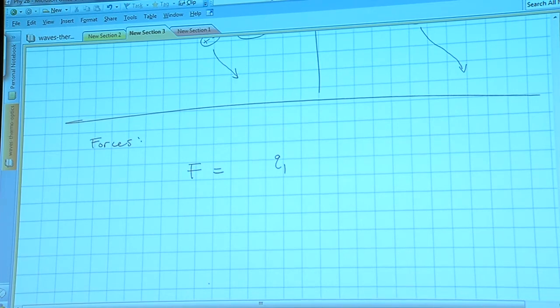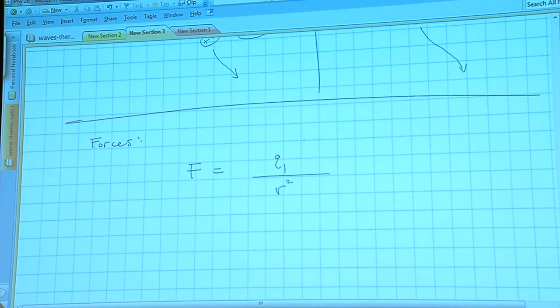What else might it depend on? The distance. Yes. It's going to drop off with distance. I'll write it as r. We usually use r for distance. What else might it depend on?